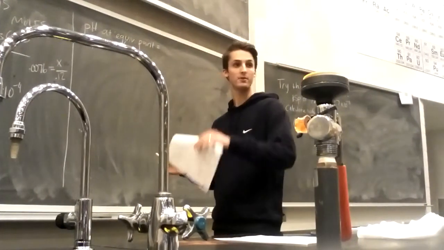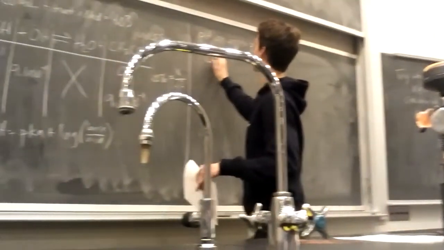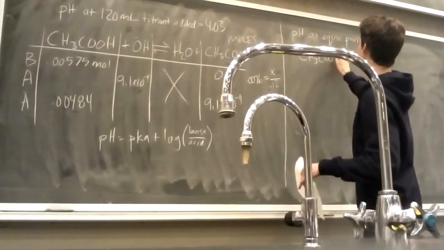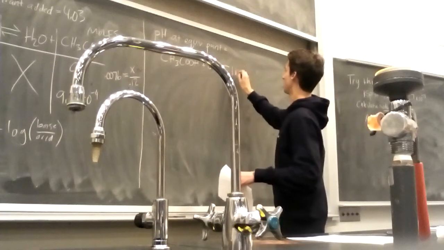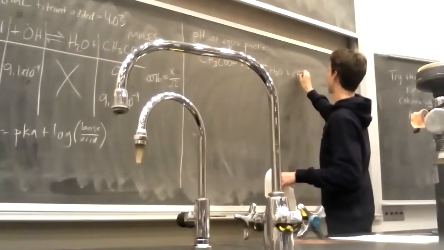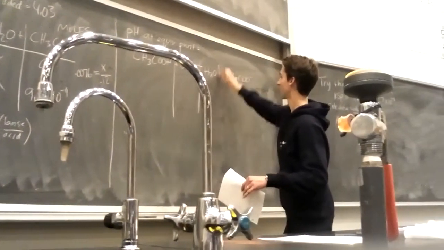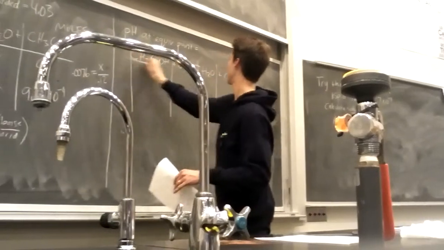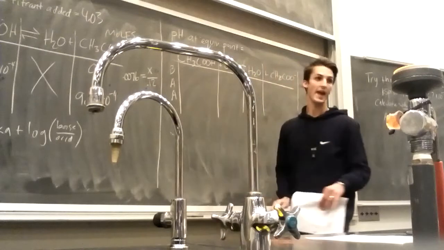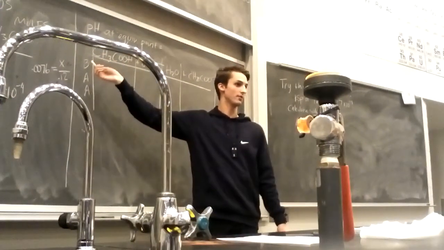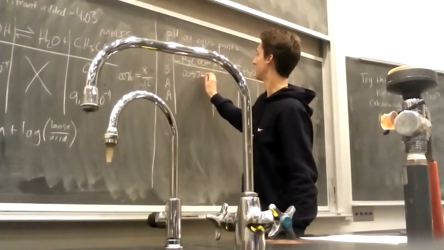Okay, so next one that we're doing, the pH at equivalence point. What's my first step? BAA. And how many moles of acetic acid did I start with? 0.00575.